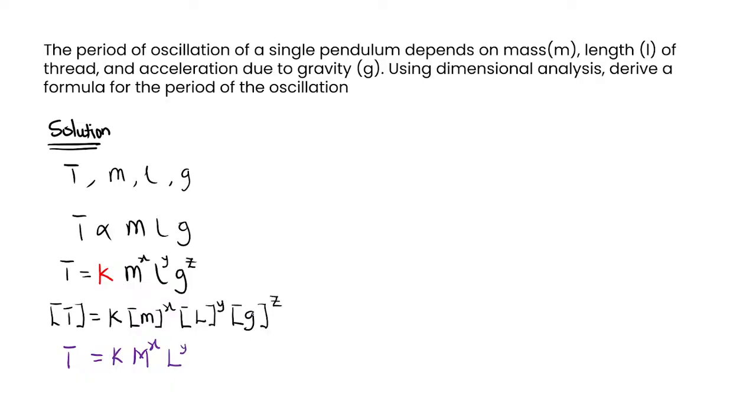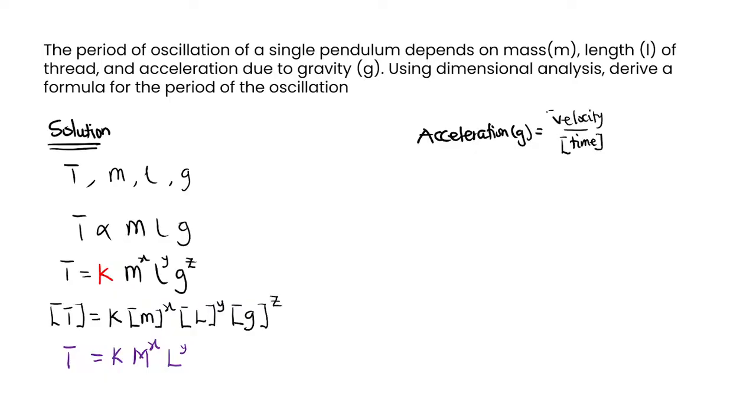Now for acceleration due to gravity, in dimensional analysis it is treated also as acceleration. We know that the dimension for acceleration will be the same as velocity over time.